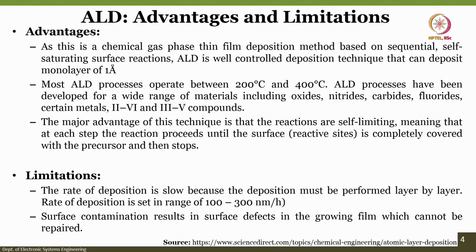And then the limitations of this technique are that the rate of deposition is slow because the deposition must be performed layer by layer, that is one thing, right. Rate of deposition is in the range of 100 to 300 nanometer per hour. This is a little bit of a limitation, because 100 to 300 nanometer per hour is an extremely low rate of deposition.